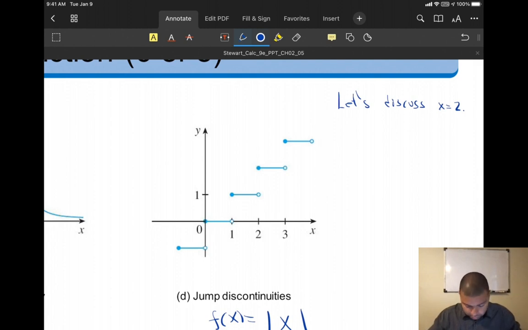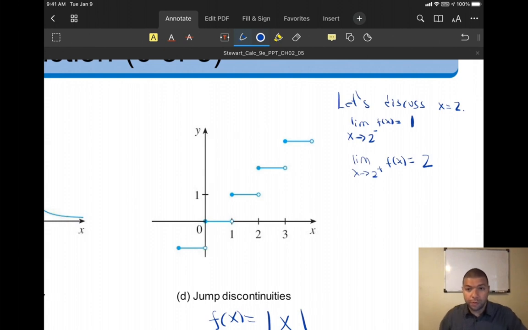The limit as x approaches 2 from the left is going to be 1, because you plug in stuff like 1.9, 1.99, and you're always throwing away all the decimals. So f of 1.9 is going to be 1, whereas the limit as x approaches 2 from the right, you plug in stuff like 2.1, 2.01, 2.001, throw away the decimal part, you always get 2.